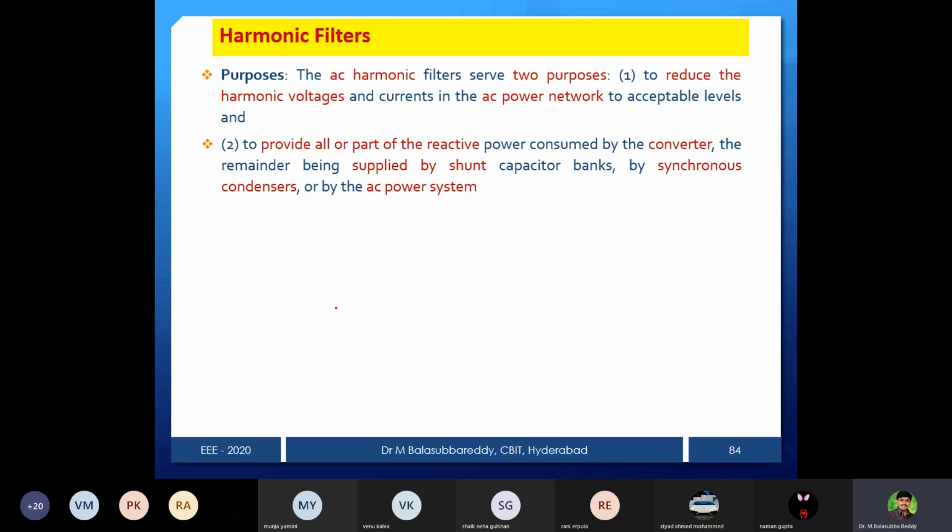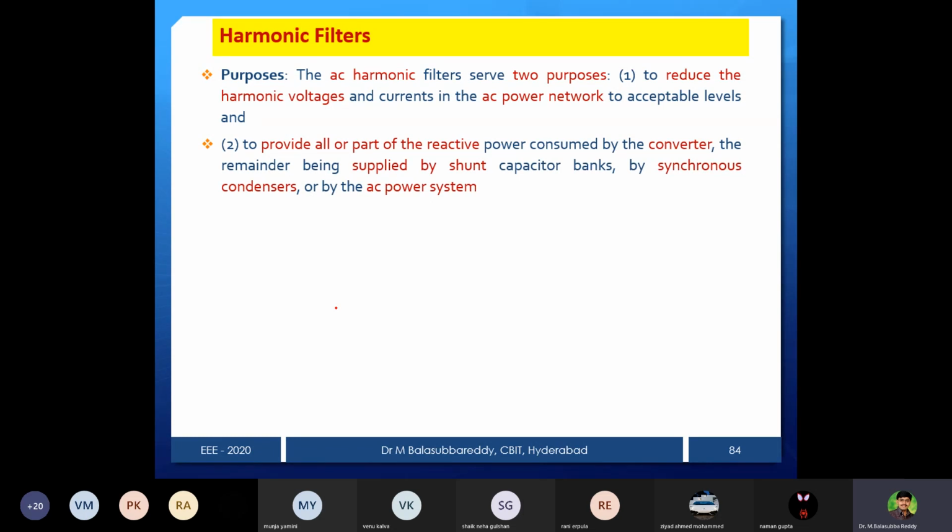Normally reactive power compensation is required, but these filters will not supply total compensation, only some part of it. The rest is supplied by shunt capacitor banks, synchronous condensers and the AC power supply.